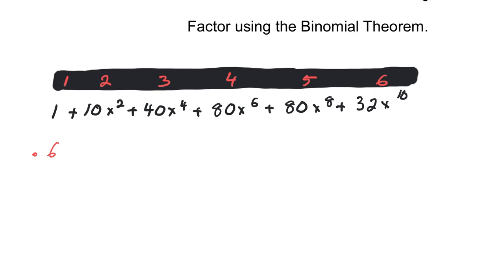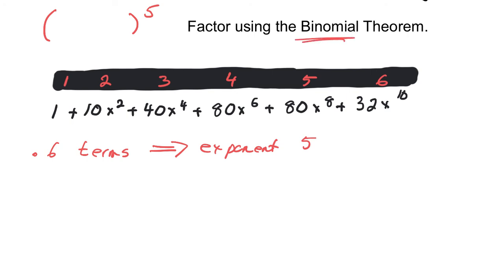So if we have 6 terms, that means the exponent would have to be 5. So the exponent value is 5. Now we have to find our 2 values to create the binomial.